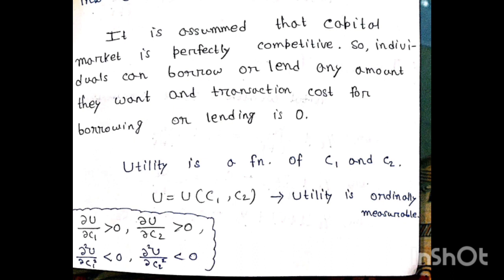That means any individual can borrow or lend any amount of money from the capital market whenever they want, and the transaction cost for that will be equal to 0.